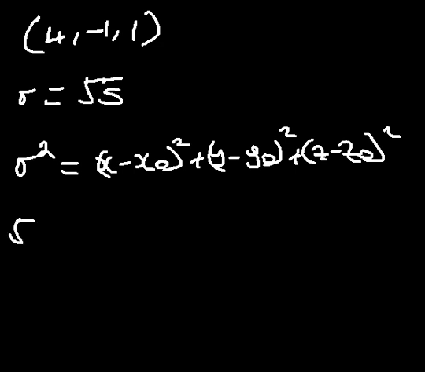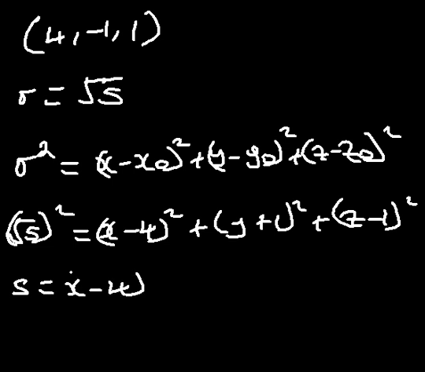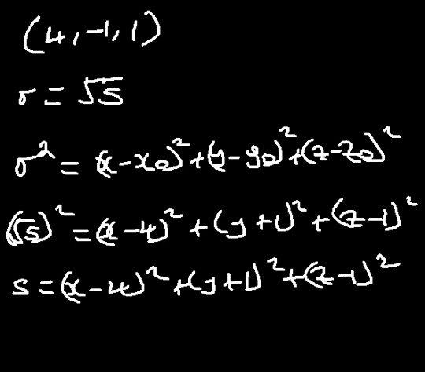Which means we have the square root of 5, to the power 2, which is equal to x minus 4 to the power 2, plus y plus 1 to the power 2, plus z minus 1 to the power 2, which is the same as 5 equal to x minus 4 to the power 2, plus y plus 1 to the power 2, plus z minus 1 to the power 2. So now this is the equation of the sphere in that case.